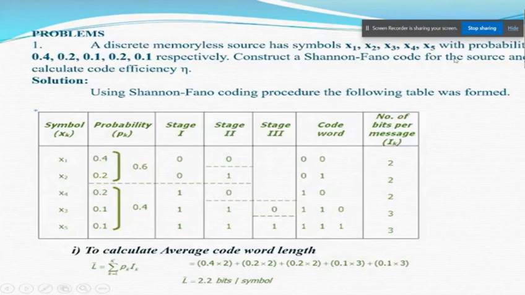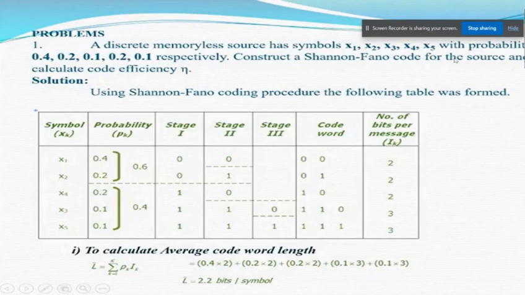For 0.2 with symbol x4 we also assign 2, similar to the previous one. For the probability 0.1 with symbol x3, the code word has 3 binary bits, so the number of message bits is 3. Similarly for symbol x5 with probability 0.1, the message bits are also 3.